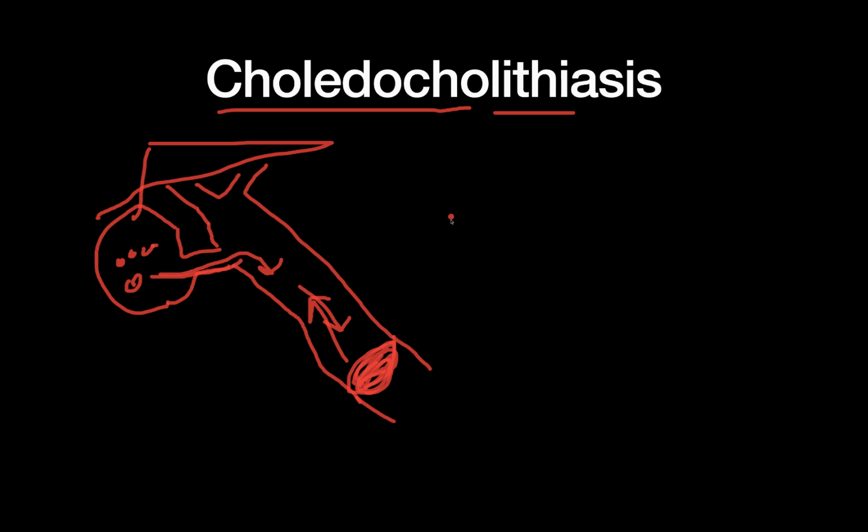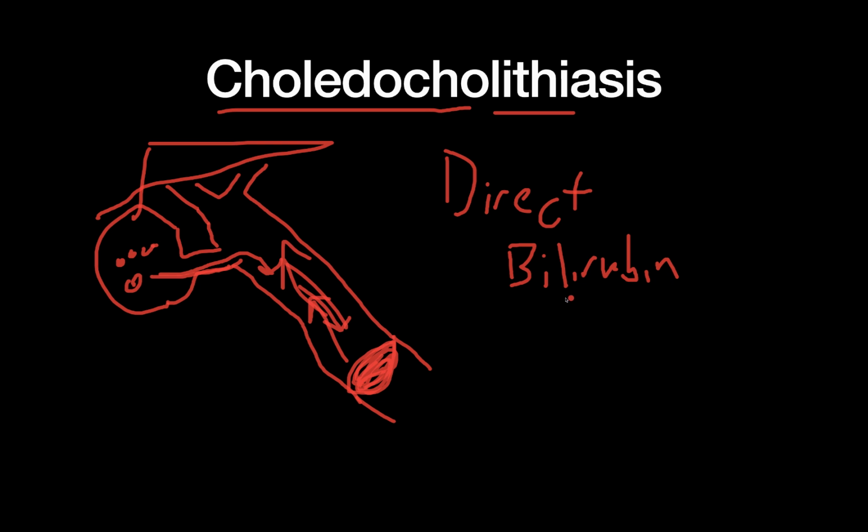And so these patients typically also will present with right upper quadrant pain, and pain that is continuous because this obstruction is not going away. But they will also have some laboratory abnormalities. And the key here is direct bilirubin. So you can imagine that if you have a stone in the duct and bile is backing up, you're going to increase your total bilirubin, which is certainly the case.